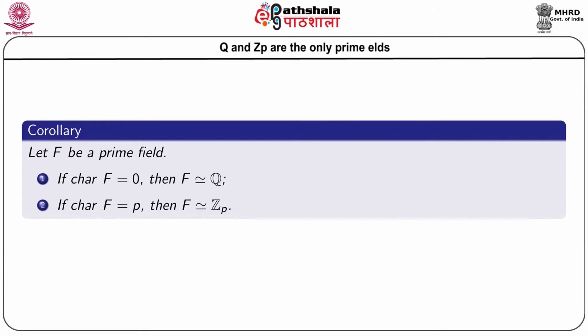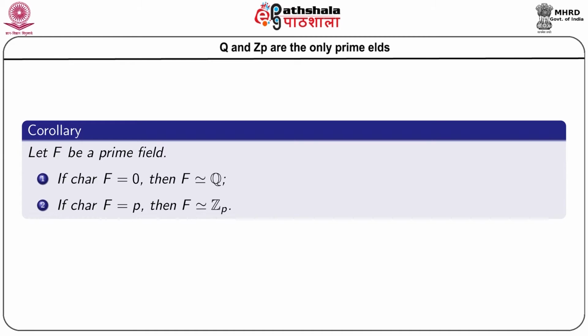And as a corollary, it follows immediately that if F is a prime field, then F is isomorphic to Q if characteristic of F equals 0, and F is isomorphic to Zp if characteristic of F equals p. How does it follow?